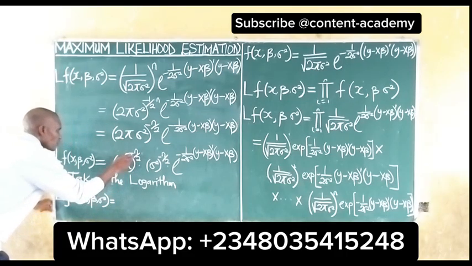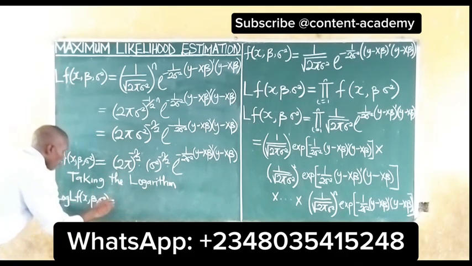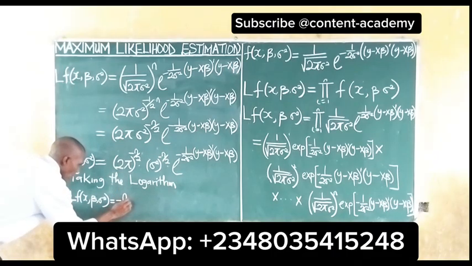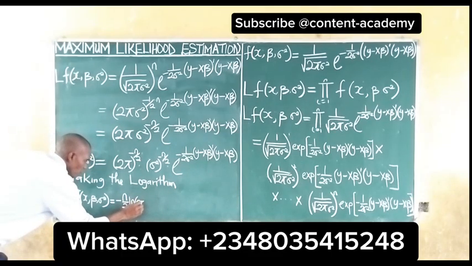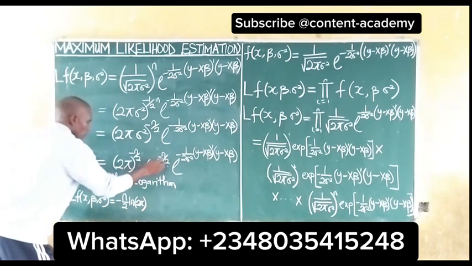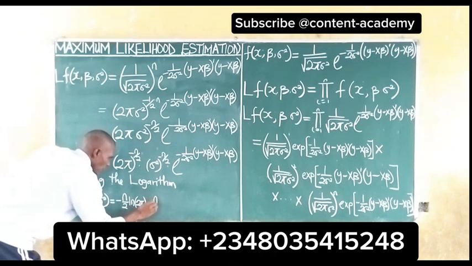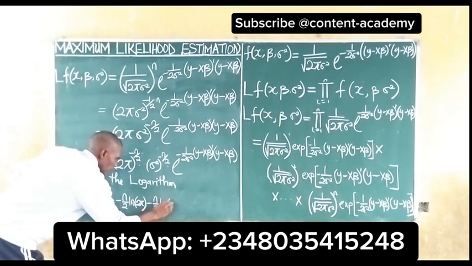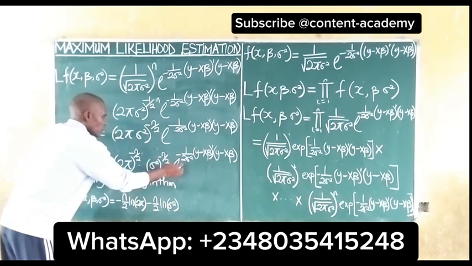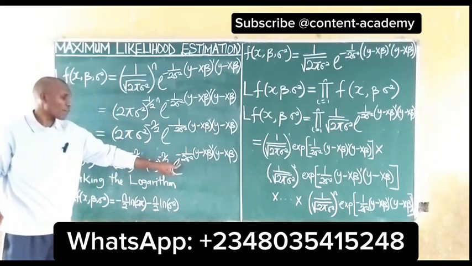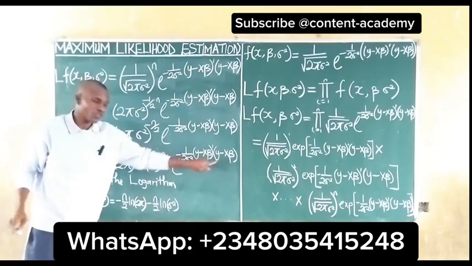If we take the log of this, we have negative n all over 2 ln 2 pi plus negative n all over 2 ln sigma squared, and if you take the log of an exponential function, you get just that function.